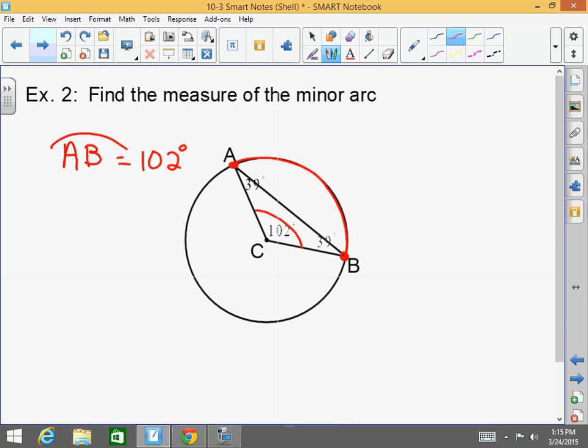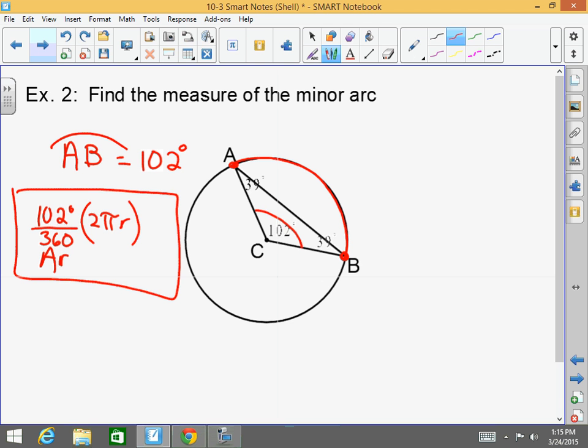But if I wanted to find arc length, it'd be 102 degrees divided by 360 times 2 pi r. I would also need the radius value, but that's the equation I would use to find the arc length. But right now we're just focusing on arc measure, which is an angle. It's just an angle.